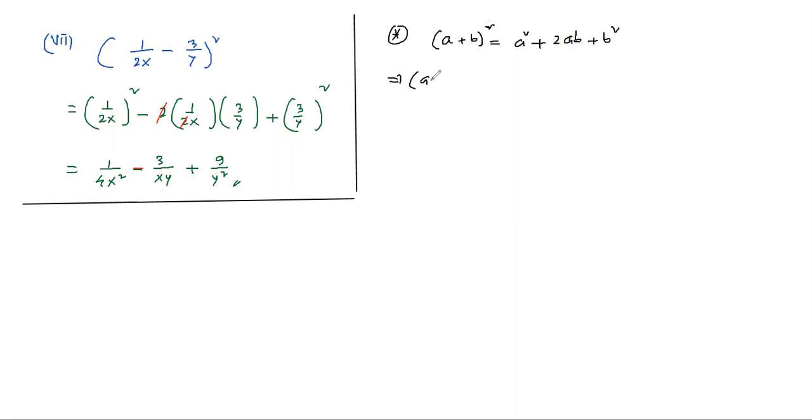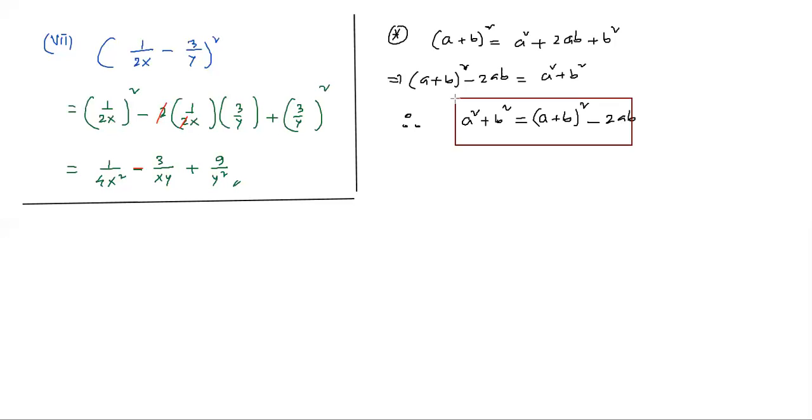That is (a plus b) whole square minus twice ab will be looking like a square plus b square. In fact, we would try to remember that a square plus b square is (a plus b) whole square minus twice ab.